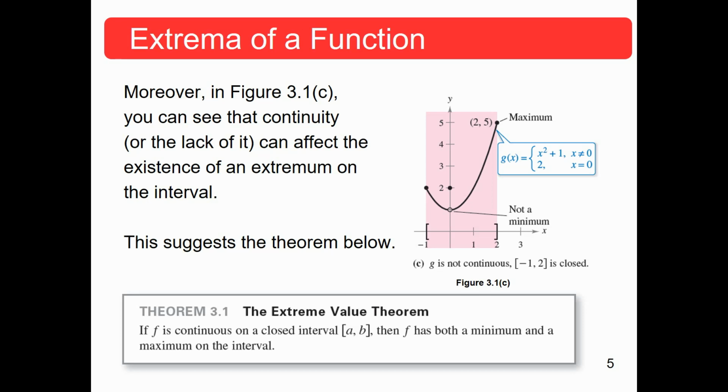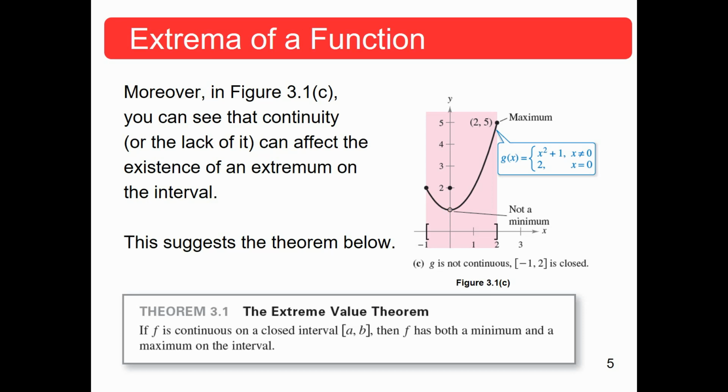Check out 3.1c. Here, notice we have an open hole. So continuity, or the lack thereof, can affect the existence of an extrema as well. Because it's never reaching that smallest point, it can never get lower and lower, there's no minimum on this interval.